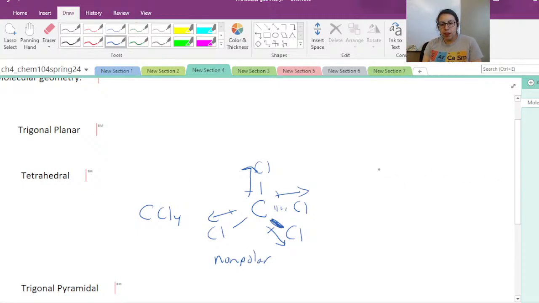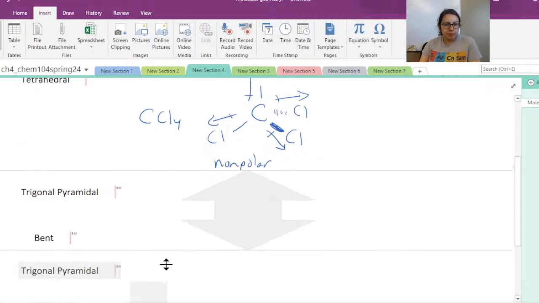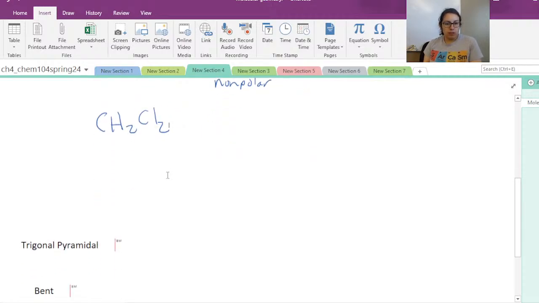And then we could compare that to dichloromethane, CH2Cl2. Now with this one, chlorine is much more electronegative than hydrogen. If you were to draw the vector, you would see that it's just more on one side. Or you can just recognize, well, I don't have four of the same atom, or they're not similar enough.